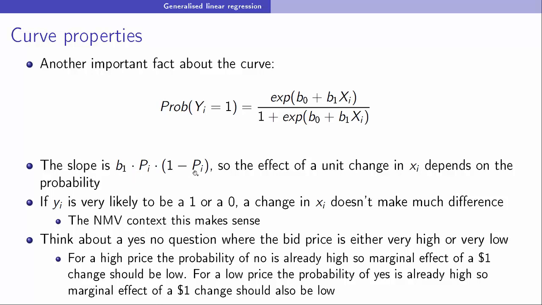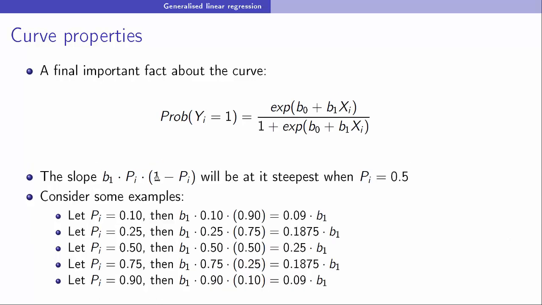Just by looking at that, and we know we constrained this thing to be an S shape, right? It's an S shape, which means that the marginal impact at the tails is going to be quite modest. So again, I've just plugged in some values in here. If the probability is 0.1, you plug it into the formula and you can see that whatever our B1 is, it's going to have a smaller marginal impact, because it's going to be multiplied by this.